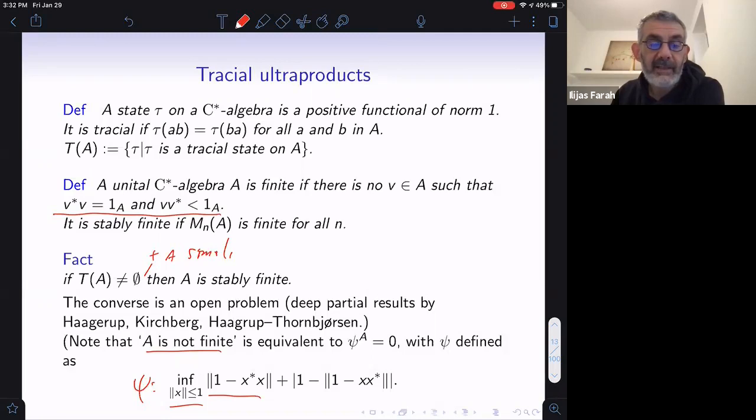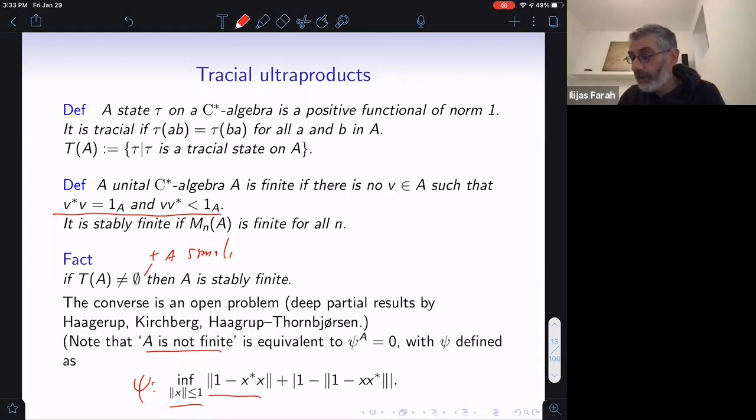Now, the fact is that for certain formulas, this one in particular, this infimum is attained, which is an application of continuous functional calculus. Basically, the trick is that once you get close enough to 1, once you're at distance less than 1 from the unit, you're invertible. And once you're invertible, then you can just modify x by continuous functional calculus and get something that realizes this formula on the nose.